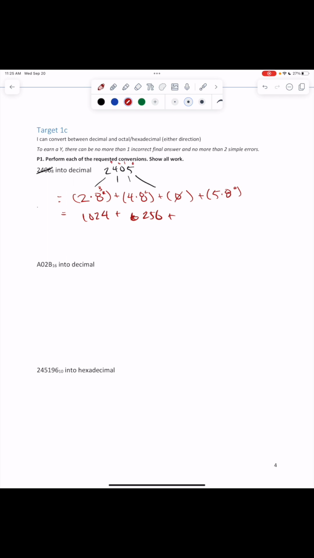Anything to the 0 is 1, times 5 is 5, and that gets us a total of 1024 plus 256 plus 5 is 1285, and remember, the base is decimal.